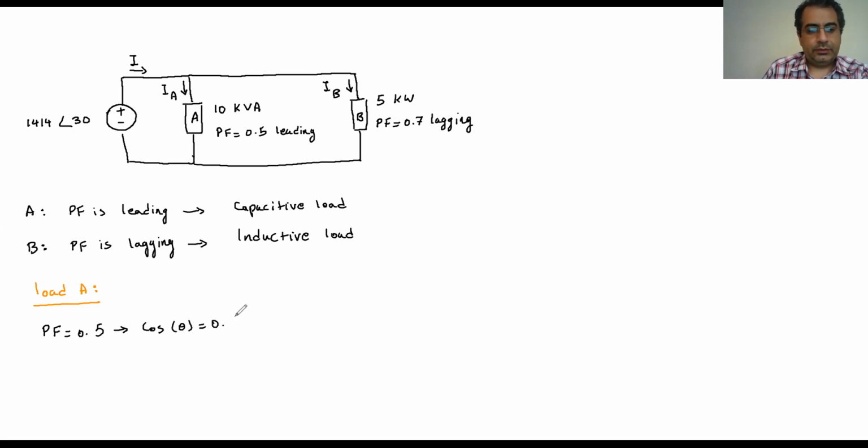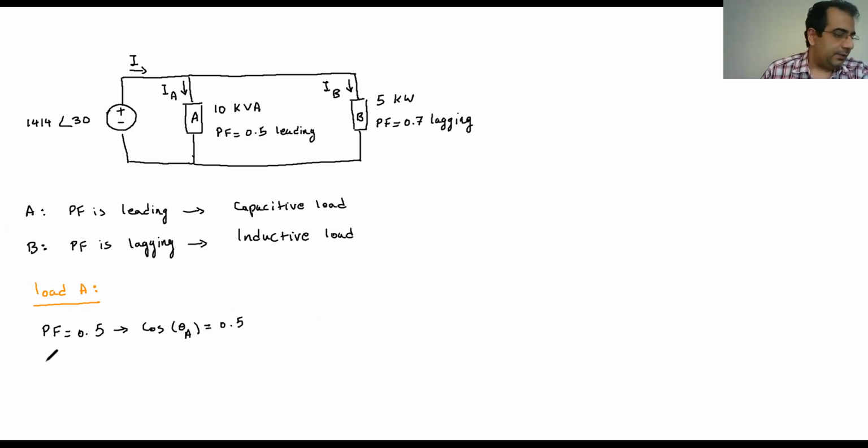We know the power factor is cosine theta. We don't even need to calculate theta at the load A, we can use the cosine theta directly.